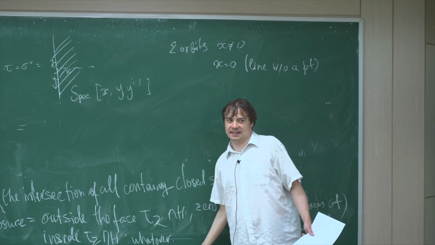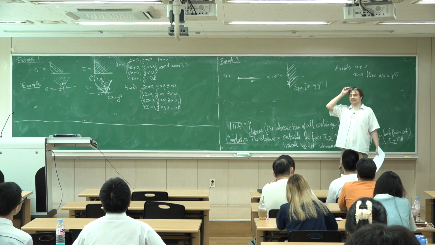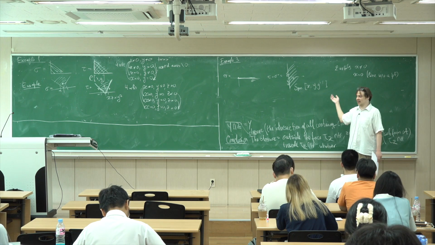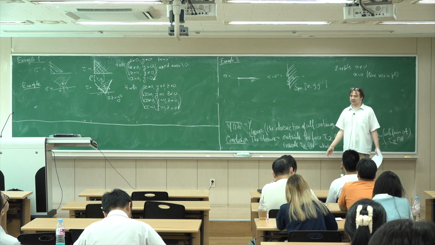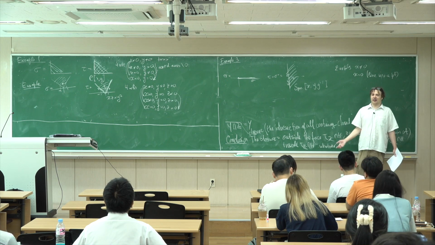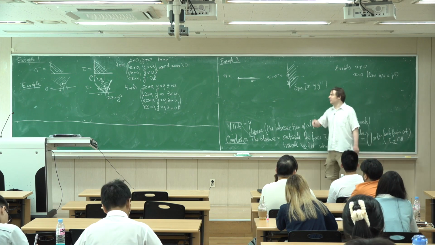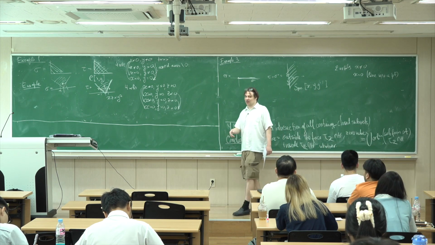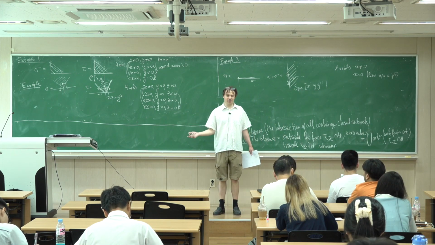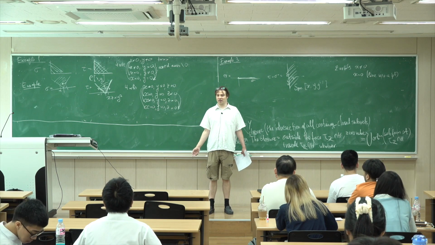Okay, this finishes the description of the orbits and their closures, at least in terms of the cone tau inside the character lattice. We will see soon how to describe them with the dual cone, with sigma, but for now it doesn't look very helpful. It will be helpful when we try to construct non-affine toric varieties.